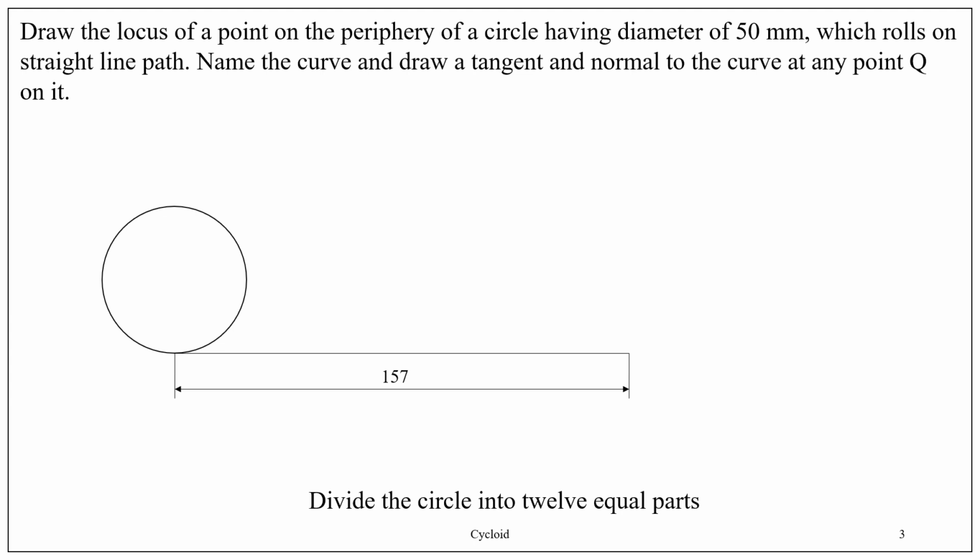Next, divide the circle into 12 equal parts. For that, after setting the minute drafter scales parallel to the edge of the drawing sheet, bring the vertical scale of the minute drafter to the center of the circle and draw a vertical line passing through the center of the circle as shown here.